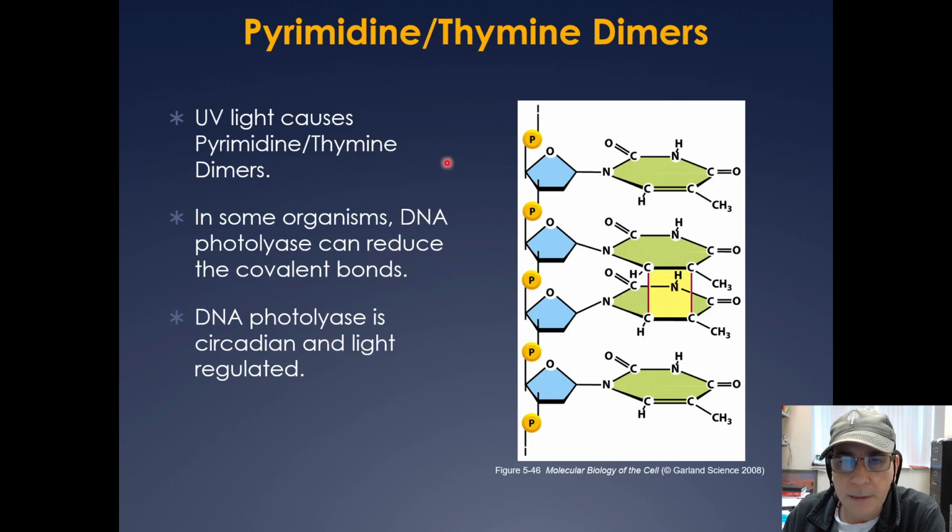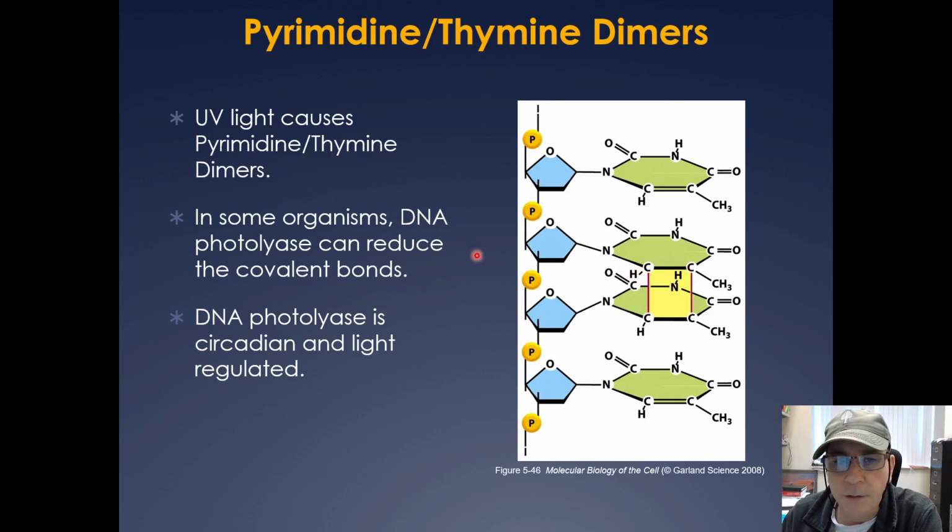Another thing that can happen to DNA is you can actually get UV damage. UV light causes pyrimidine and thymidine dimers to occur, and that's basically crosslinks in the DNA, between these two thymines that are here.